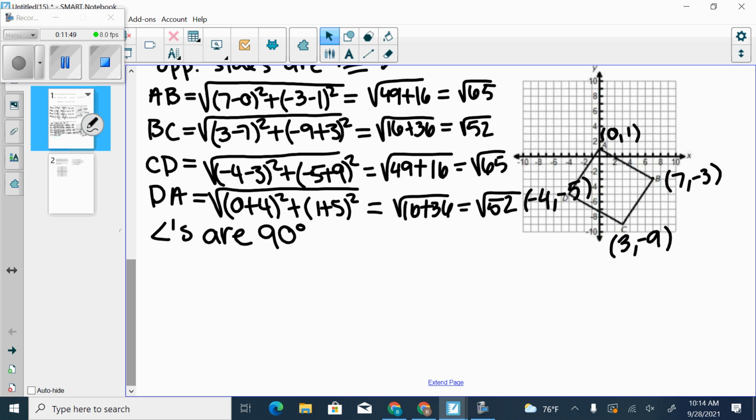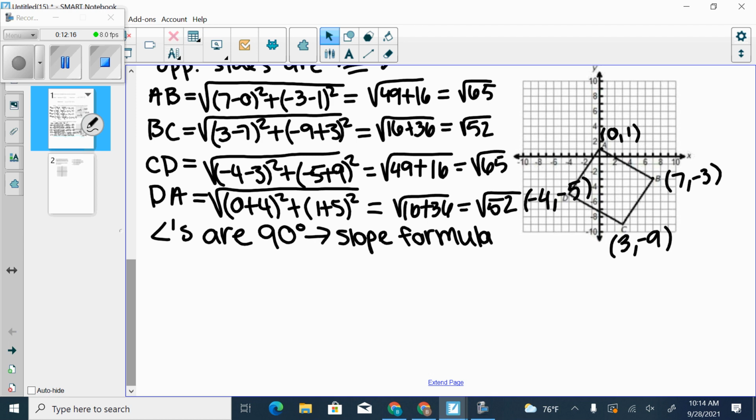Well, we know what kind of lines intersect at a 90-degree angle. Perpendicular. So if we can prove that their slopes are opposite, right, or perpendicular, then we should be able to prove this. Okay? So this means we're going to have to use slope formula.